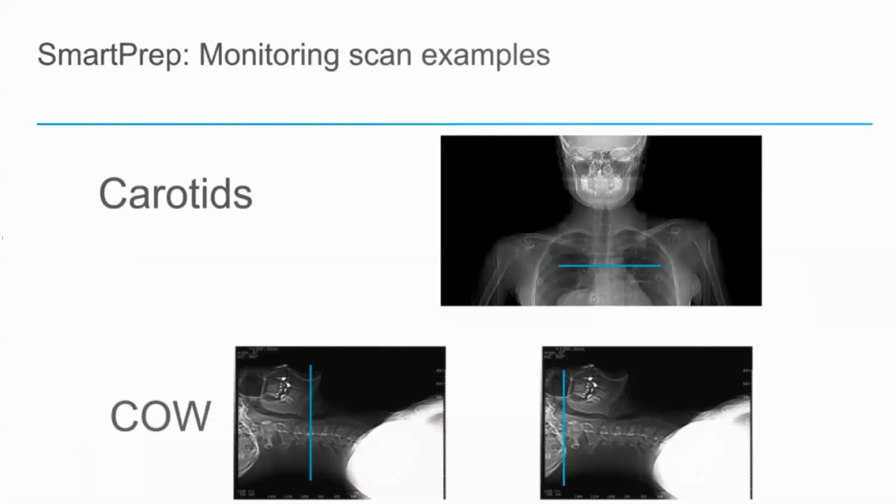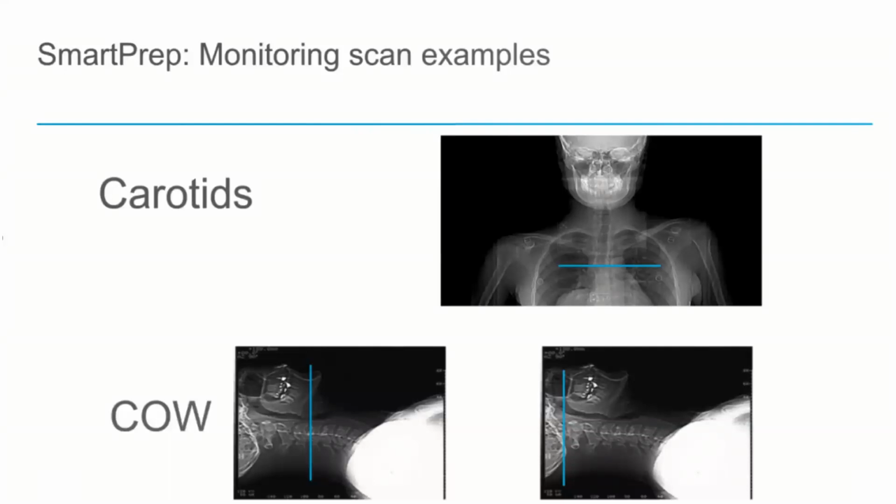I'd like to show you some examples of where you might place the monitoring scan location for different exams. So you can see that there are two images of the circle of Willis, and this is to reflect two different systems. So if you have a Revolution CT and you are scanning the circle of Willis in one rotation, I would place the monitoring scan on the basilar artery.